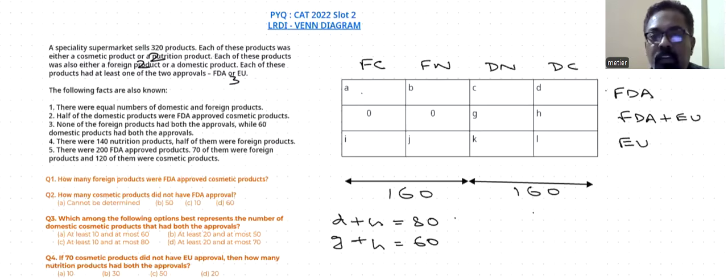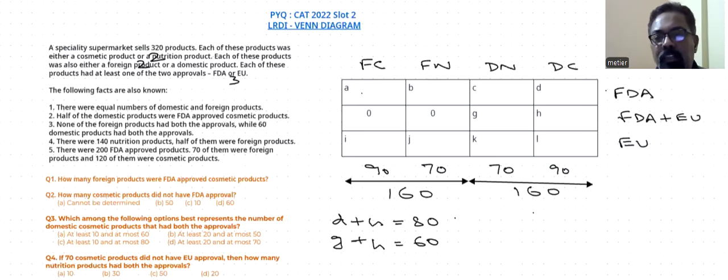So this value will be 70, half of 140, 70 foreign nutrition. So obviously domestic nutrition will be 70 here. What idea we are getting is that because in foreign we have total 160, if 70 is here, the rest 90 will be here, and with the same logic, here we can also write down 90.